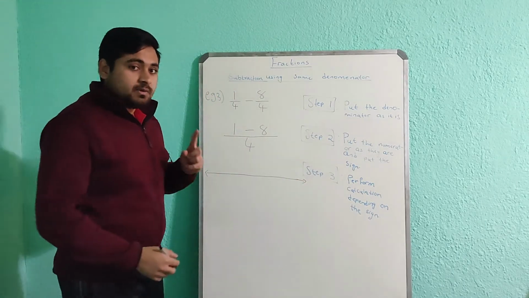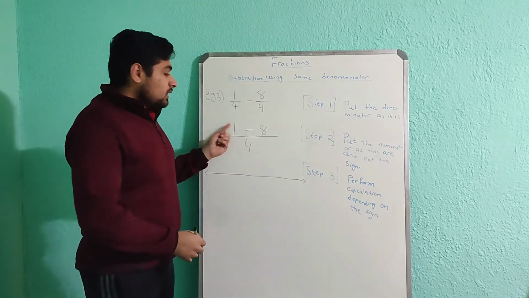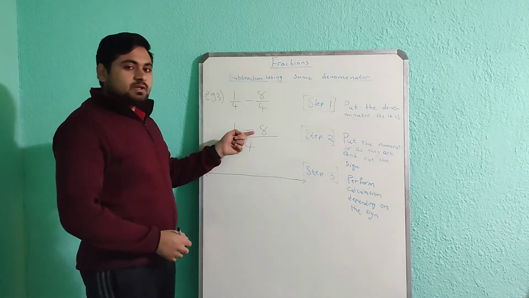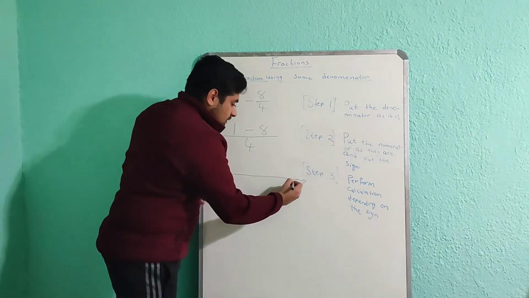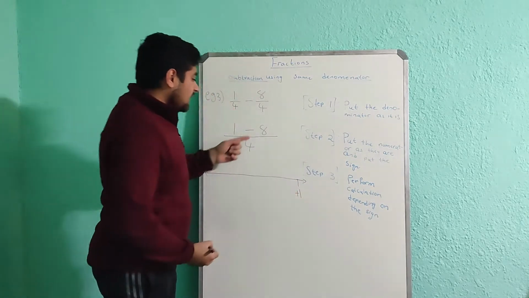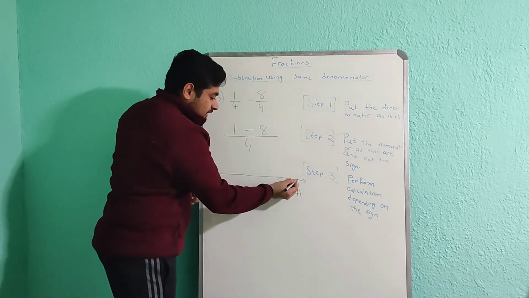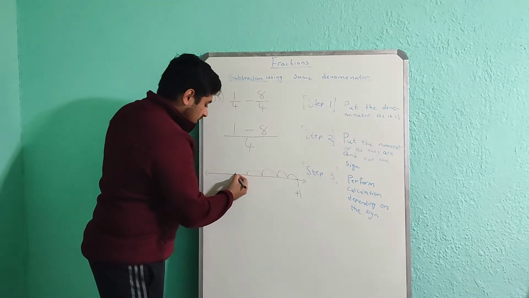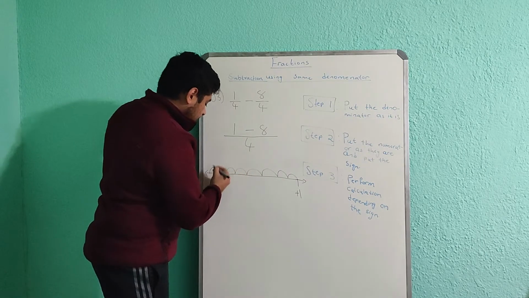And now on the number line, where are we currently? We are on 1, and we need to move 8 units to the left because of the negative sign. So we put a 1 here, positive 1, and we're moving 8 units to the left. So let's move 1, 2, 3, 4, 5, 6, 7 and 8.